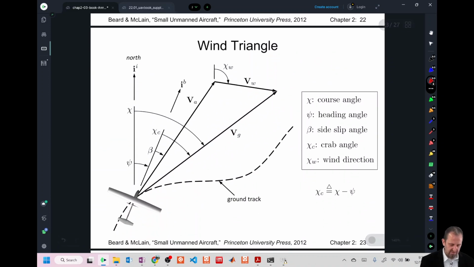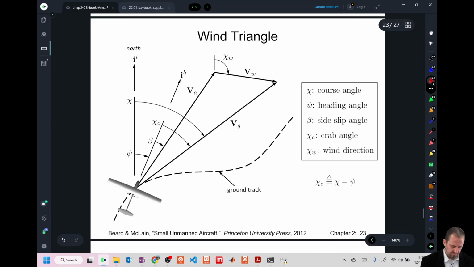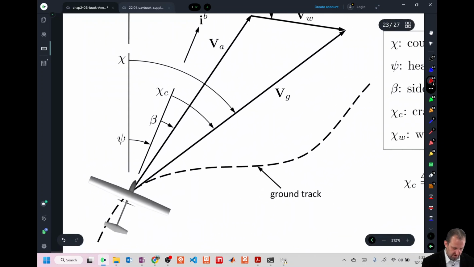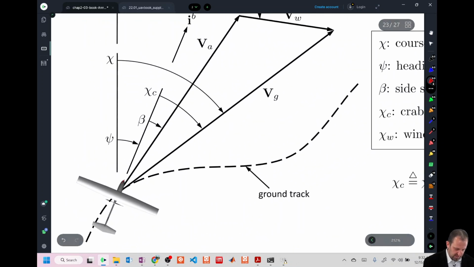So now we can look at everything together. If we look at a top-down view, right here we have our aircraft where it's pointed, and we point along what we defined in a previous lecture as psi.